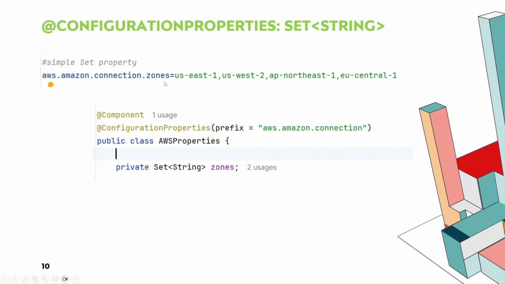Now look at Amazon AWS connections. This is the prefix for the configuration properties. And zones, I'm using the same zones. It has more than one value, so I'm going to capture it as a set. If I put duplicate values here, they will be ignored and won't be added to the set, because a set has unique values.